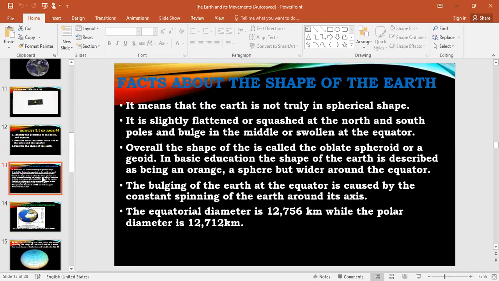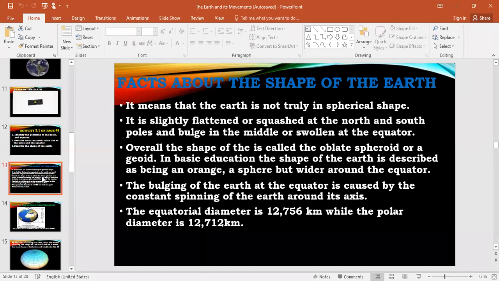If you look here, it is flattened at the top, then down. The northern point is flattened or squashed at the southern pole. Then it is bulged, or swollen, at the equator. So is it clear now? I picked what you have been saying, that's why I put those notes there, so that you can write and see what you're talking about.